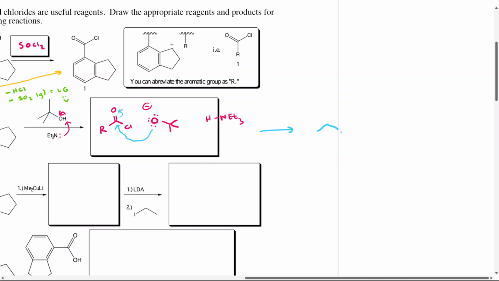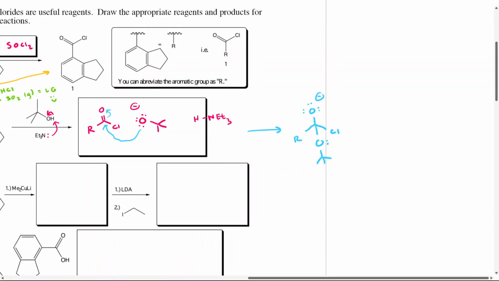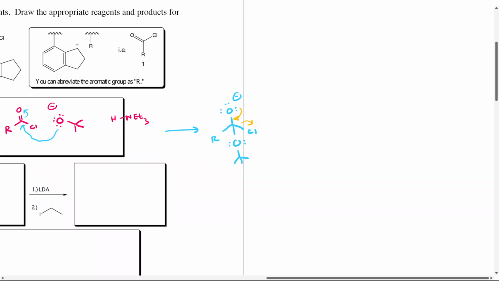And this results in this molecule. But now this oxygen at the top has too many things bonded to it. So what it's going to do is push electrons down to reform the carbonyl bond, but then it's going to push out the chloride, which results in this.